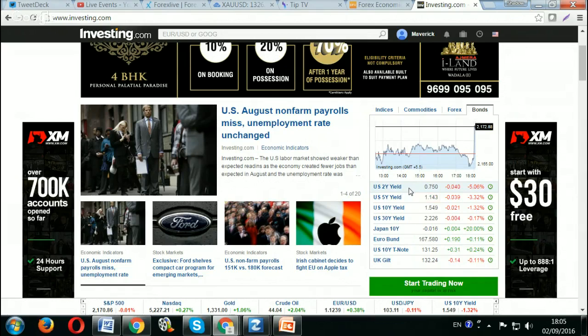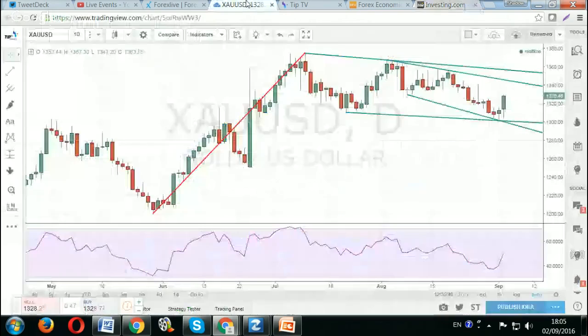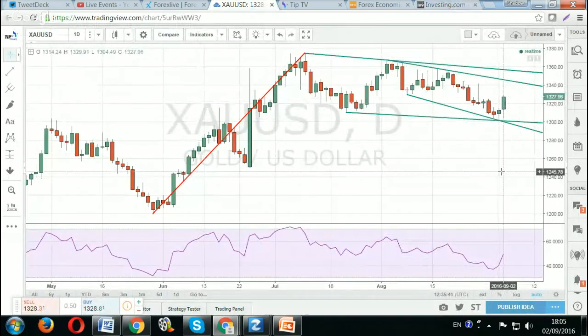So the yield curve is steepening again, following Yellen's remarks last Friday about the rate hike. The yield curve had steepened, and it was the steepest since 2007 as of yesterday. And the sharp drop in the short duration treasury yields bodes well for the yellow metal. So expected to maybe test around $13.40, $13.45 by the day's end.